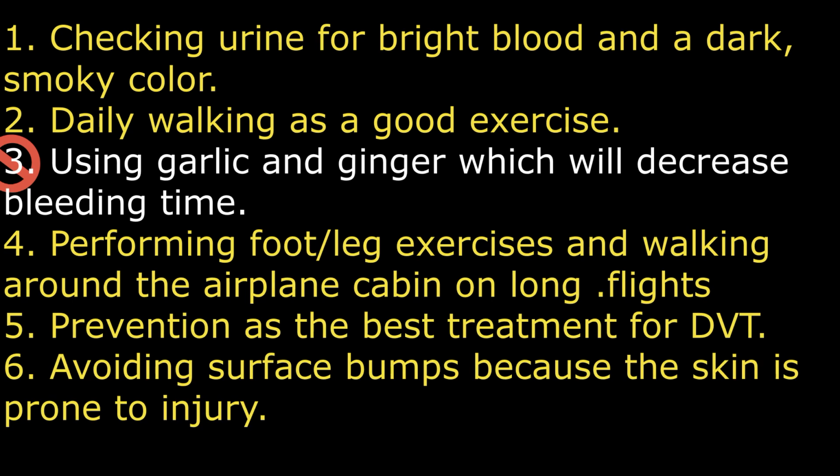So I'll explain my choices and why I picked them, and then I'll read the rationale. My choices were checking urine for bright blood and dark smoky color. I picked that because although I know that with anticoagulant therapy and DVT you need to be careful with bleeding, I picked 1 because it was very detailed as an answer.